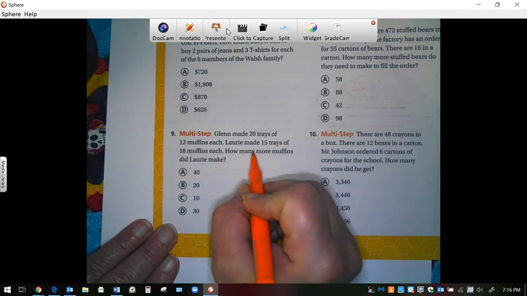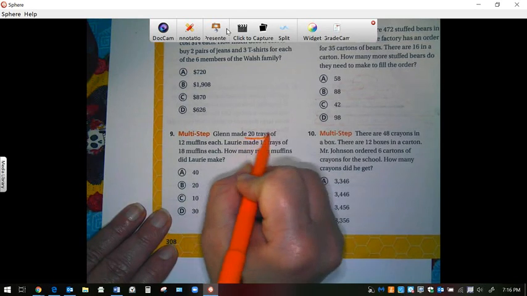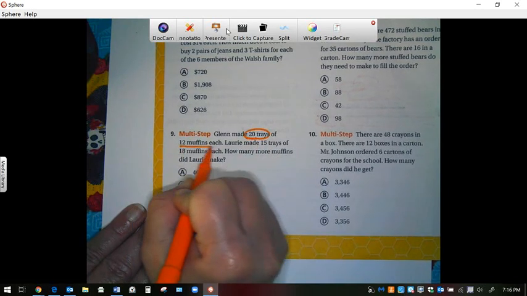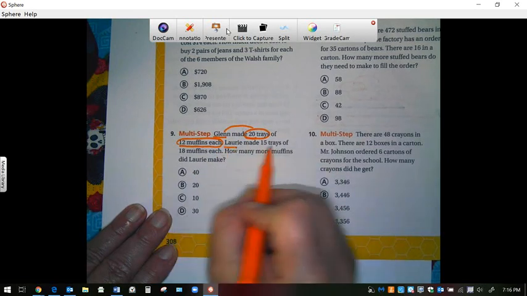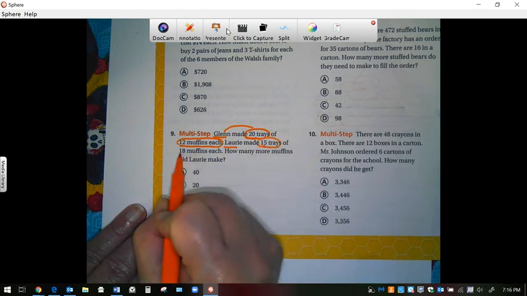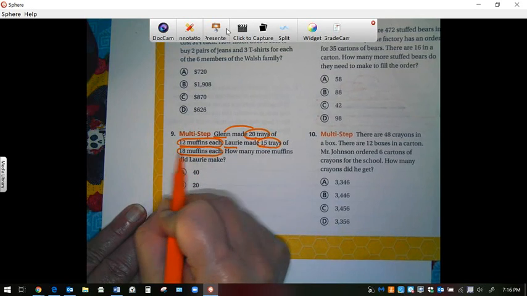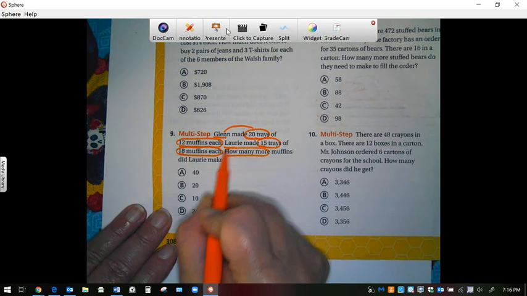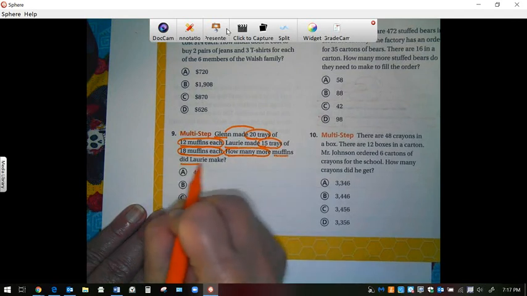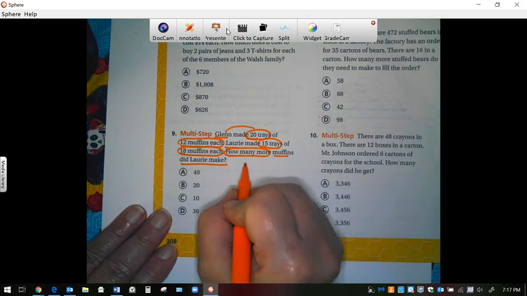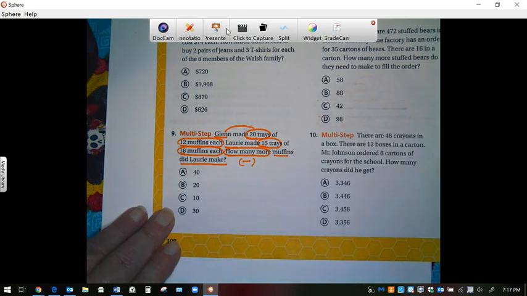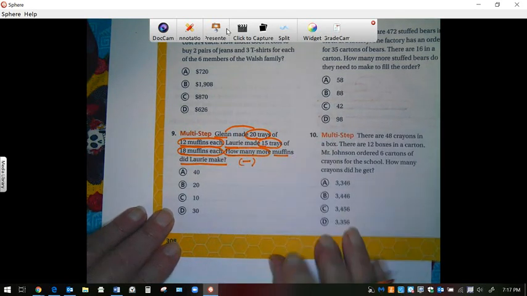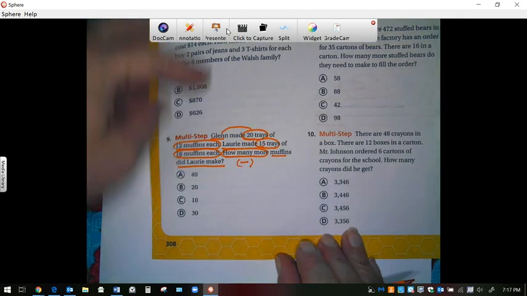It says Glenn made 20 trays of 12 muffins each, and that was Glenn. Lori made 15 trays of 18 muffins each. How many more muffins did Lori make? How many more are keywords that mean subtract? So since we have two people, Glenn and Lori, we're going to have to make two strip diagrams.